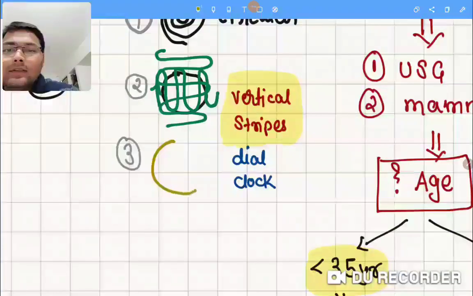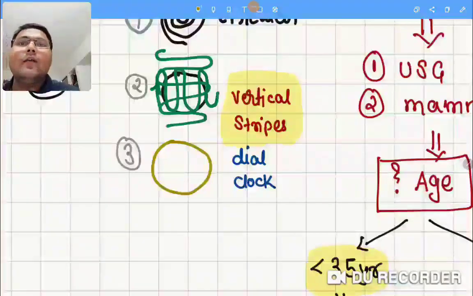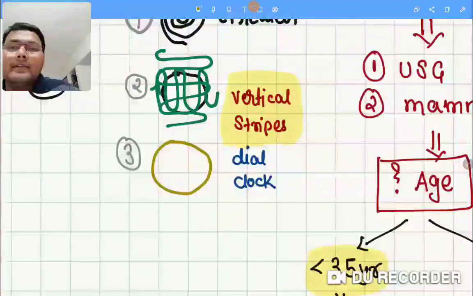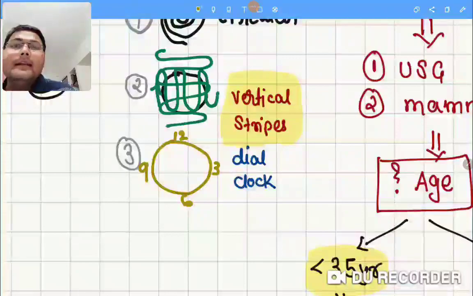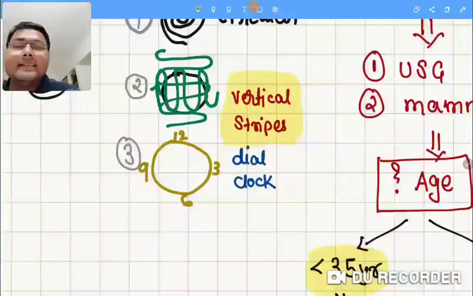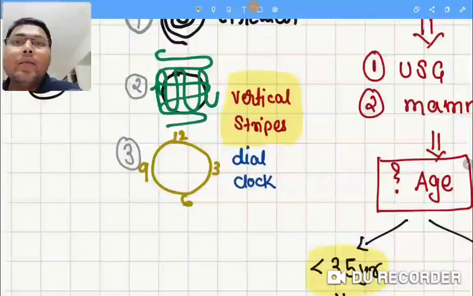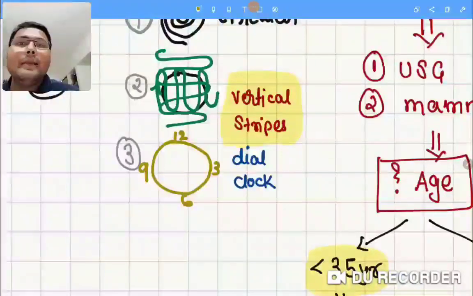Suppose this is the breast, and assume that it is like the dial of a clock, with 12, 3, 6 and 9. We will start palpation at the periphery of the breast and move towards the center, the nipple areola complex.